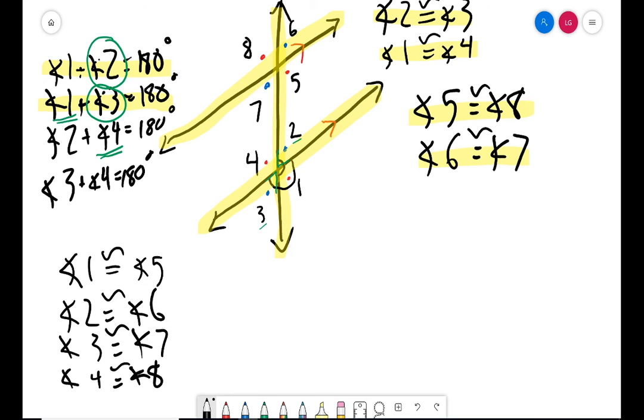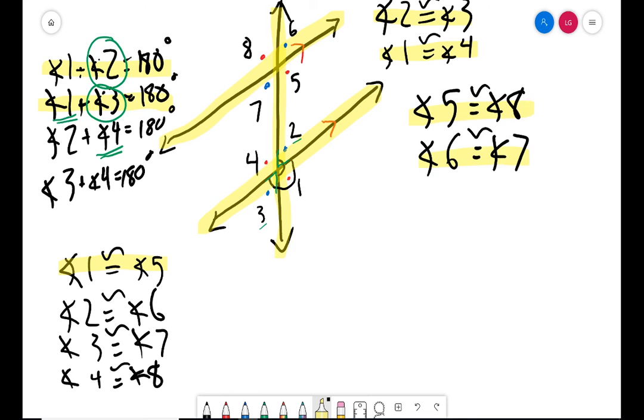Some of our work over here with the green. So 1 is 4, but 1 is also 5 down here, right? Angle 1 is equal to angle 4, but angle 1 is also equal to angle 5, so 4 must be equivalent to 5. 2 is congruent to 3, and 3 is congruent to 7, so 2 and 7 must be congruent, right? You're starting to see the relationships here. But if 2 and 7 are congruent, and 6 and 7 are congruent, then 2 and 6 are congruent.